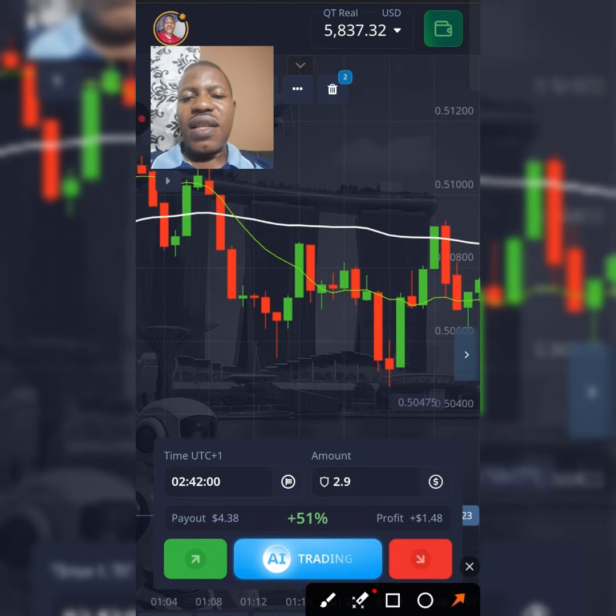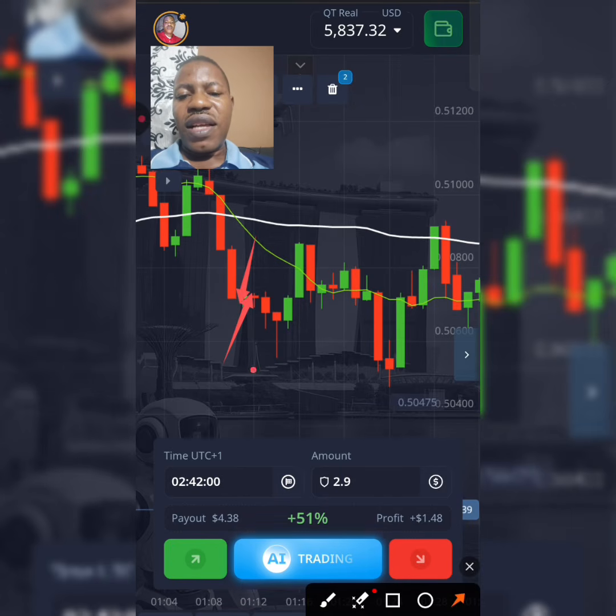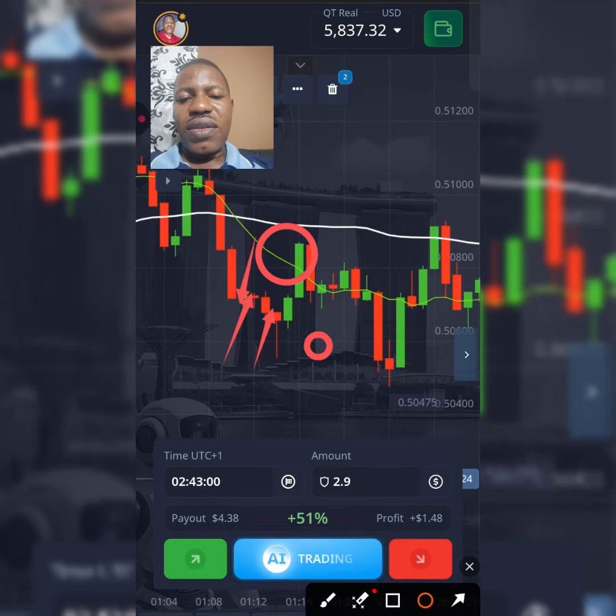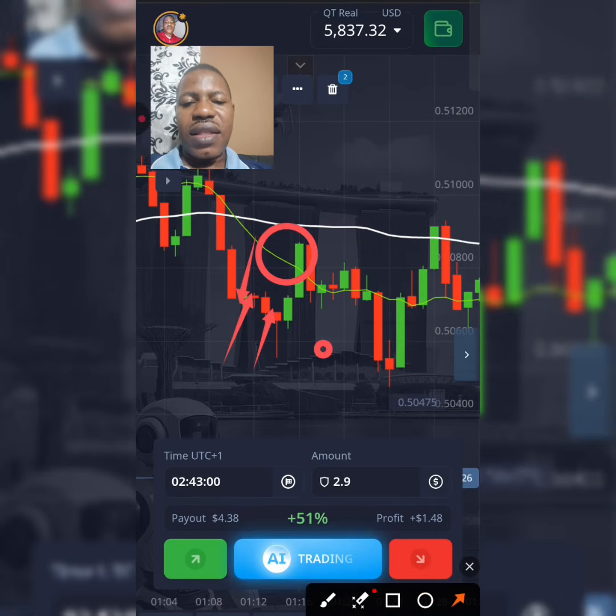For instance, here you wait for a green candle first, and when there's a red candle, then you take the next one as red. Then we have some green candles here, which is these 2 right here. Okay, then we have a red, and this one would have been a lost trade.